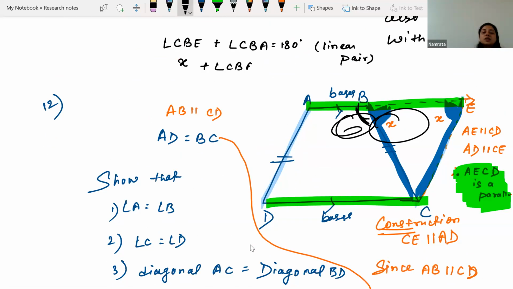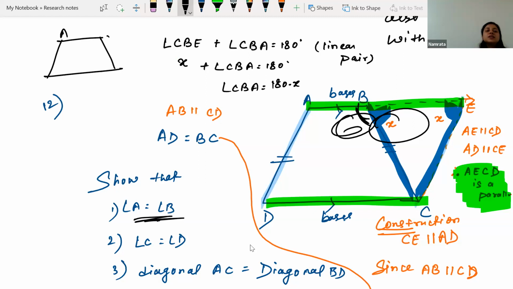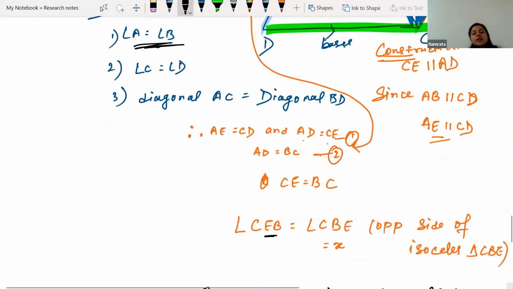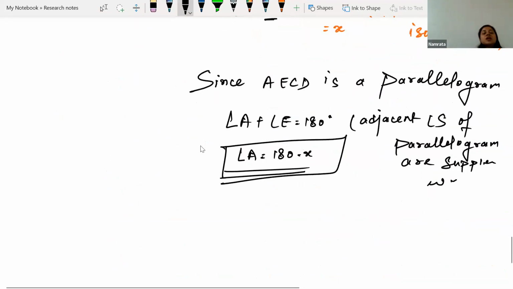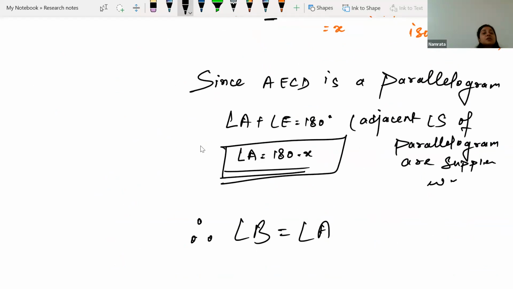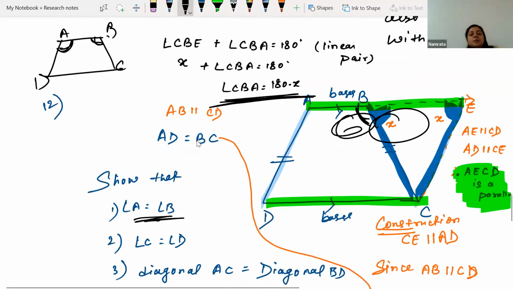Therefore angle CBA we will get as 180 minus x. Why are we doing so? You can see the first part was asking to prove A is equal to B, and only the trapezium was given in the figure. This is A, this is B, this is C, this is D. We wanted to prove that angles A and B are the same. And now angle B we got as 180 minus x. Angle A we have also already got as 180 minus x only. So that's why we can say angle B and angle A are the same. Let me summarize the whole thing because it was quite different.